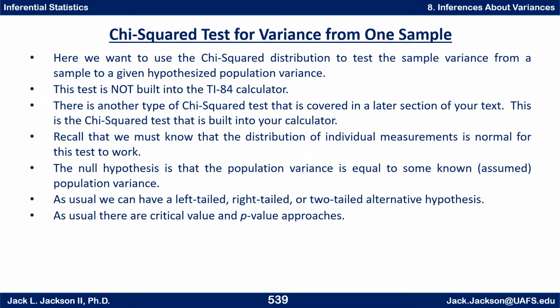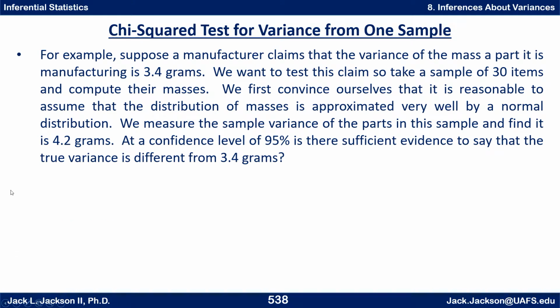So recall that we must know the distribution of individual measurements is normal for this test to work. The null hypothesis is that the population variance is equal to some known or assumed population variance, which in this case was 3.4 grams, and our sample S. So this is sigma.